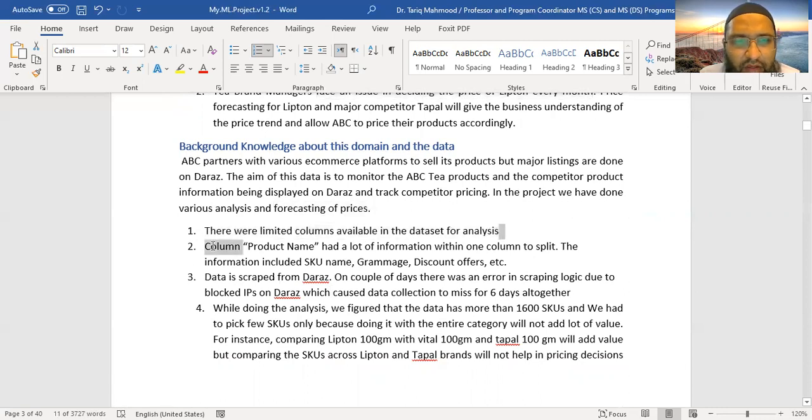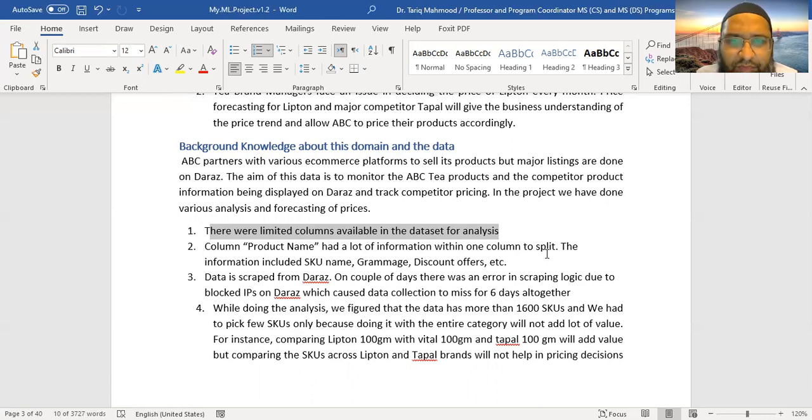That's one problem. And the column product name had a lot of information within one column to split. So we know that the SKU name, typically in a retail problem or a retail warehouse, is a very long string. Okay, so it's very difficult to understand the product with that long string.